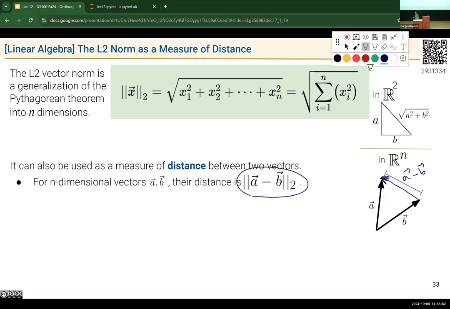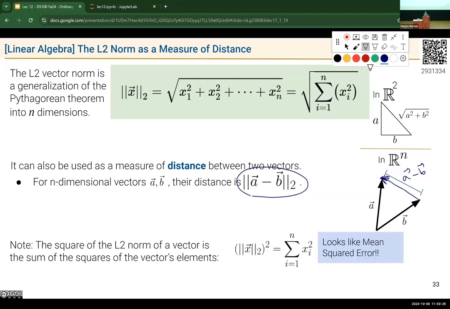Why is it going to be helpful? Because remember that I said I have a vector of all the predictions, and I have the vector of all of the ground truth values, and I want to calculate the distance between the two. So I can calculate the distance between the two by subtracting one from the other, which is going to give me all the residual values, or the residual vector, which then I can go ahead and calculate the L2 norm of and just measure the length of that residual vector in order to figure out how much loss I have, and also write the mean squared error objective function based on that value.